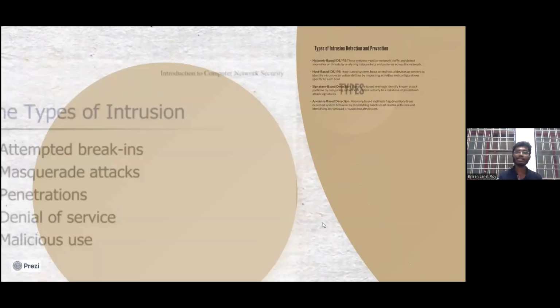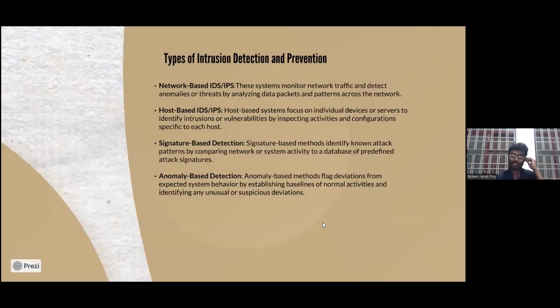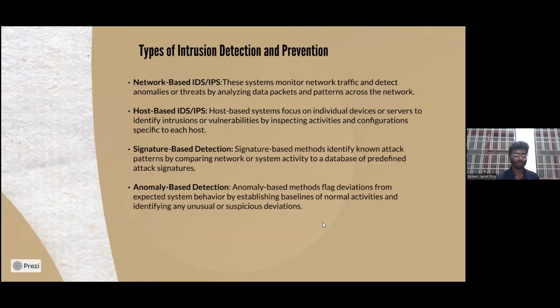And these are the basic types of intrusion detection system, in addition to what I showed in the image: network-based IDS, host-based IDS, signature-based detection, and anomaly-based detection. It is explained clearly by the name too. If the intrusion is detected in the network, maybe the network traffic and so on, it is known as network-based. Host-based is nothing but a focus on individual devices, and signature-based is where attack patterns are identified by matching activity against a database and so on.